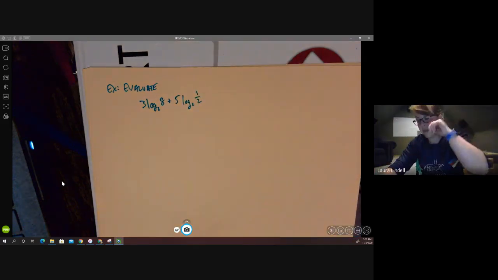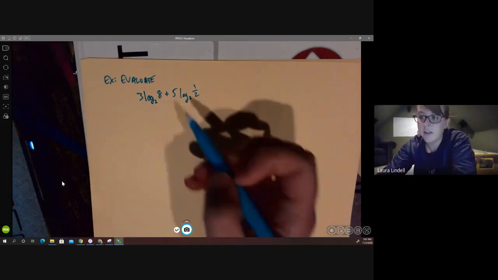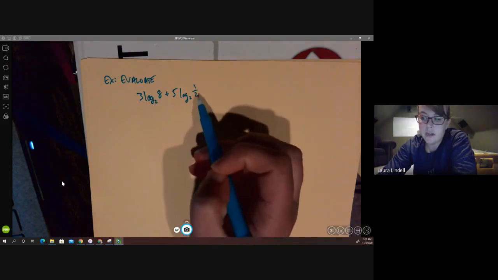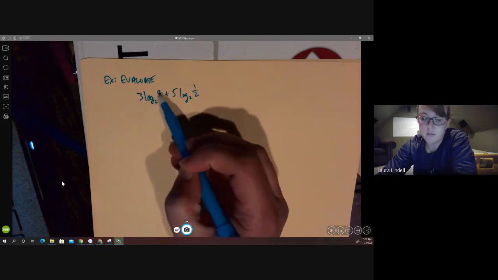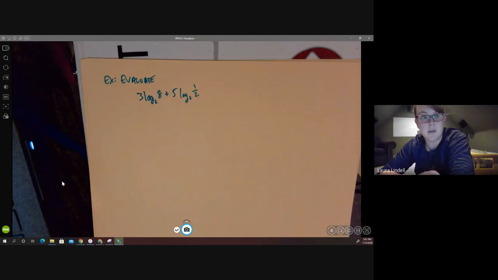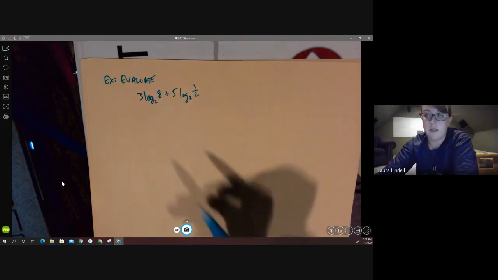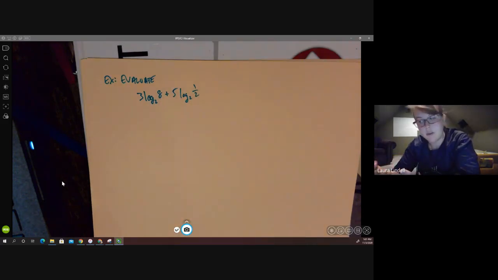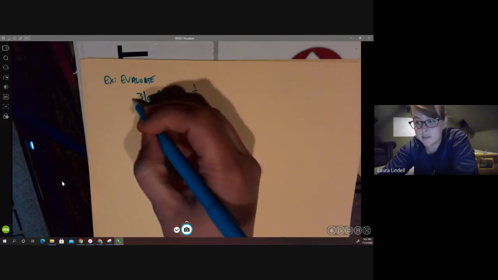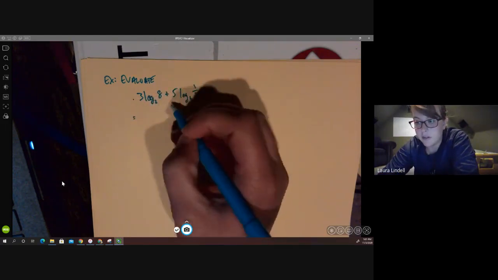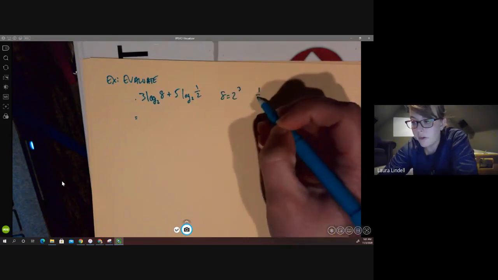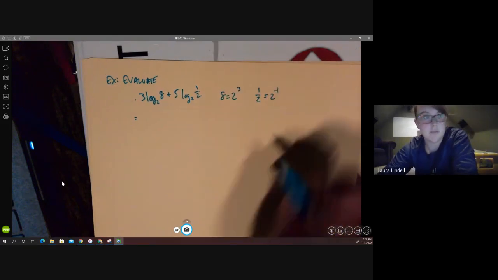So the nice thing that we can notice here about these logs is that since it's a log base 2, I'm looking to put whatever is in here in the form of some kind of power of 2. And the nice thing is that 8 and 1/2 are both nice powers of 2, because 8 is 2 to the 3rd power, and 1/2 is 2 to the negative 1st power.